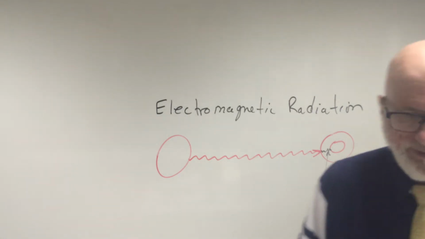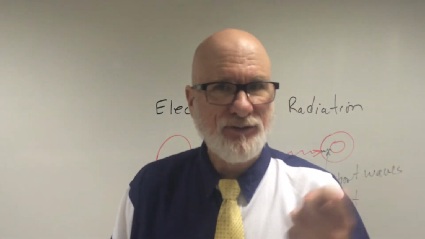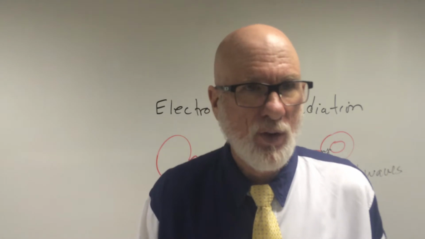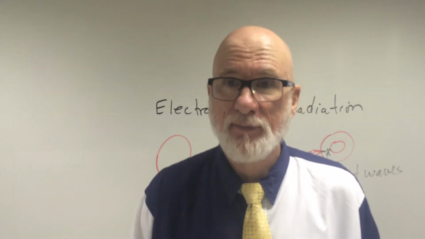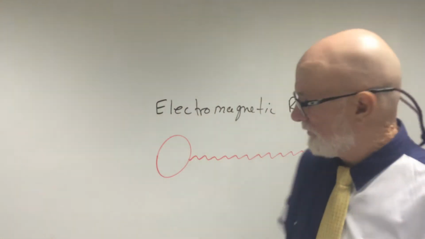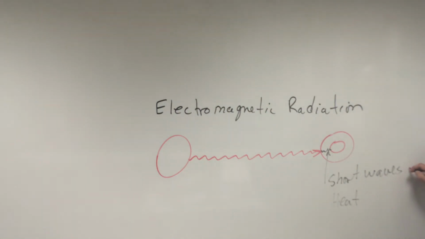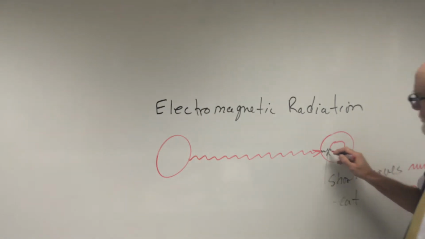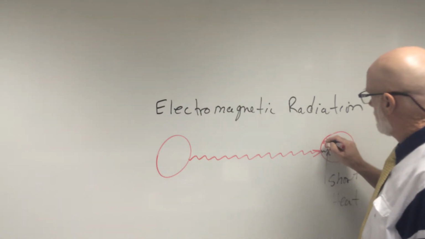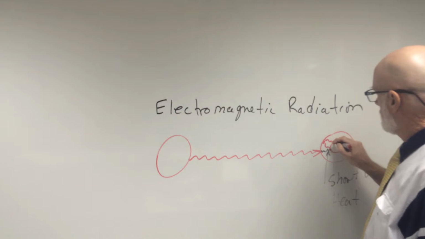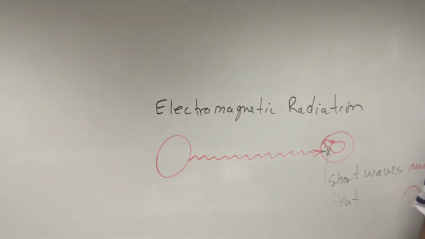What has a longer wavelength? The light from the sun or the heat that's given off? The heat given off. This is a short wavelength. This is a long wavelength. You see that? So this wavelength bounces back to Earth.